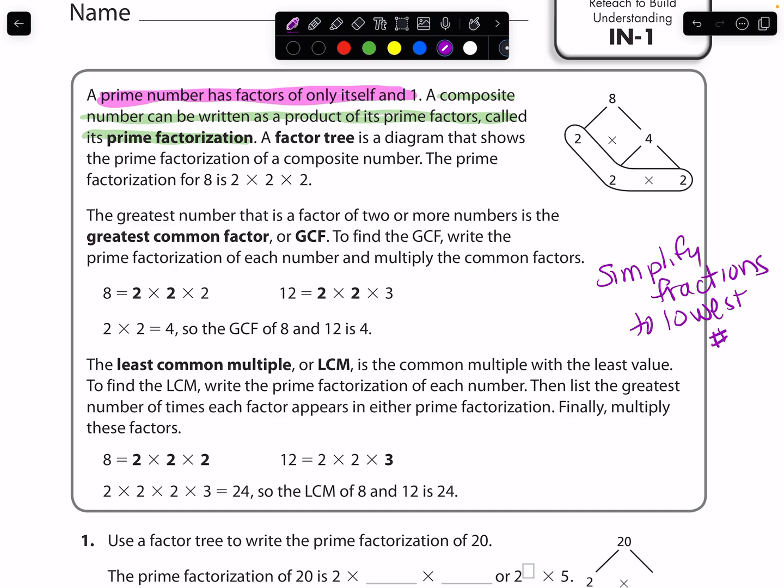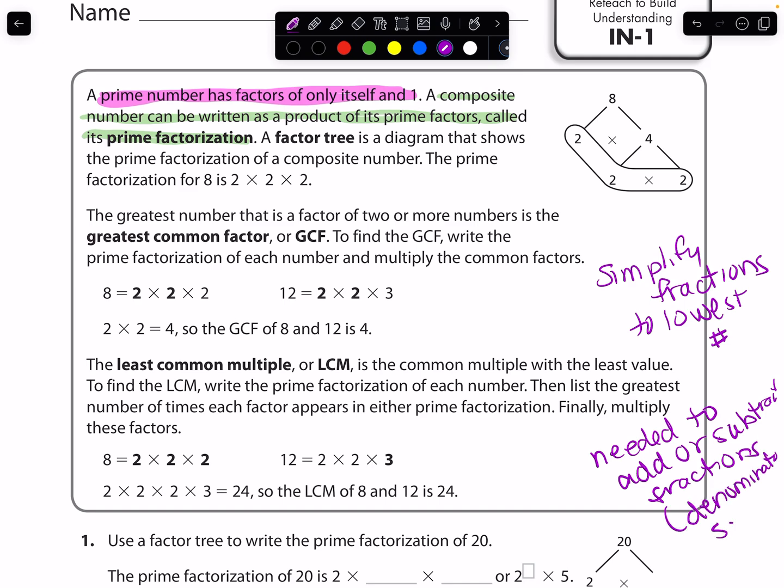The least common multiple is needed to add or subtract fractions, and you need that because the denominators must be the same. Push pause if you need time to copy that down. Otherwise, I'm going to keep moving forward.